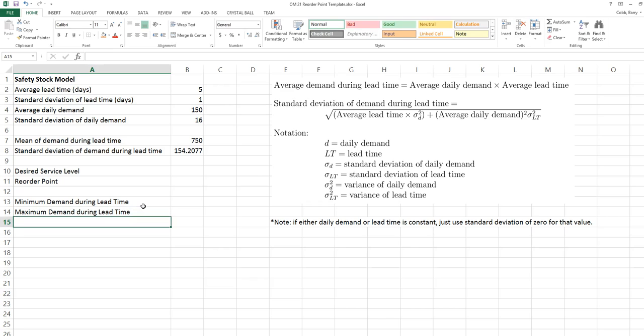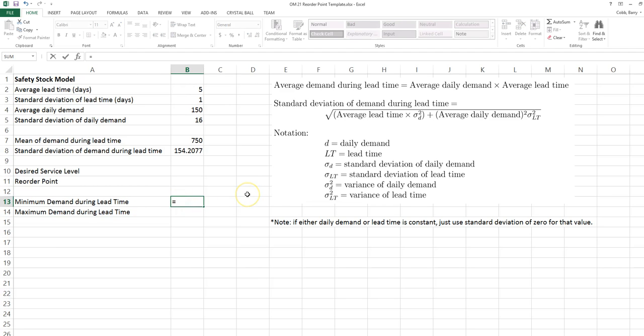We're going to assume a normal distribution for demand during lead time. And in a normal distribution, nearly all the values are within 3 standard deviations of the mean. So the minimum value for demand during lead time that we would expect to probably see would be the mean, 750, minus 3 times the standard deviation, about 287.